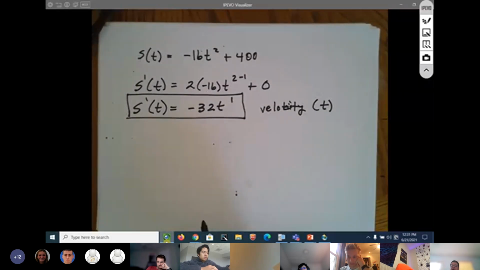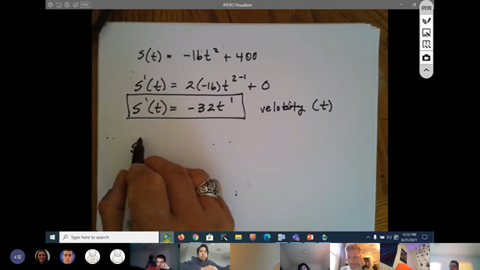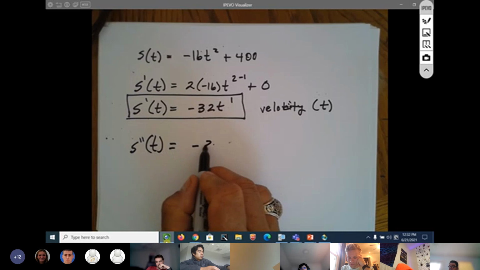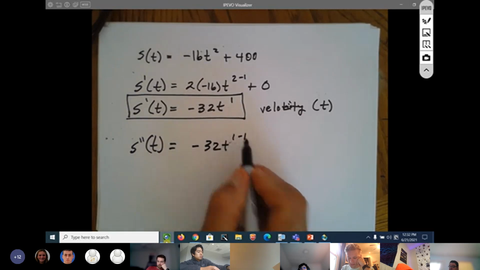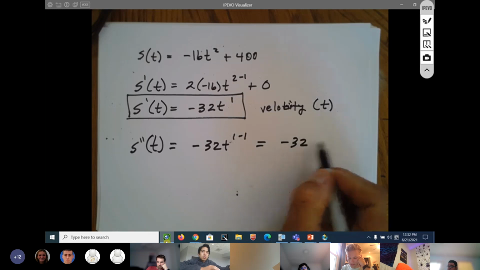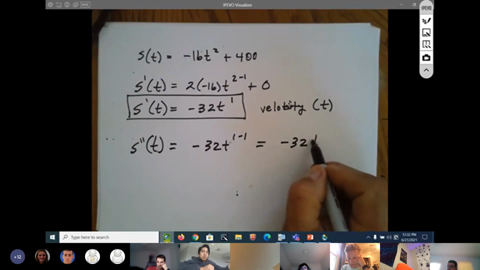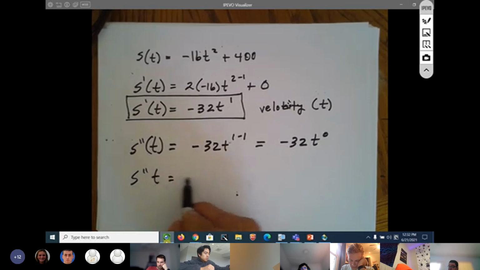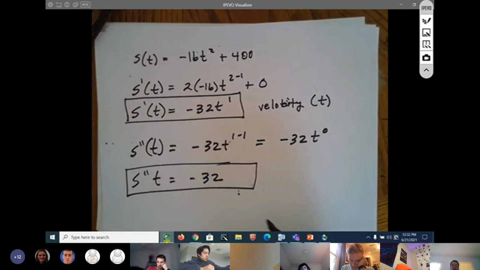But what is acceleration? s double prime of t is equal to negative 32 t to the 1 minus 1, which is negative 32 t to the 0. So s double prime of t is equal to negative 32 feet per second squared, or whatever the case may be.